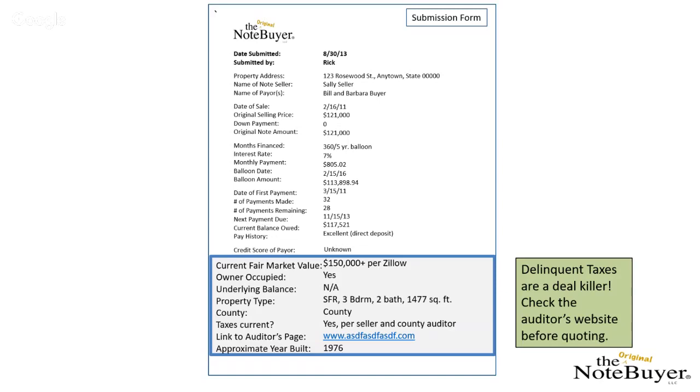And technically they're in default on the note and mortgage, because the mortgage requires that they keep the taxes current. So it won't work to have the note seller bring them current or pay the taxes out of the proceeds when we buy. I do appreciate if you will provide the link to the auditor's webpage. That makes it real easy for me to go online and check as well.